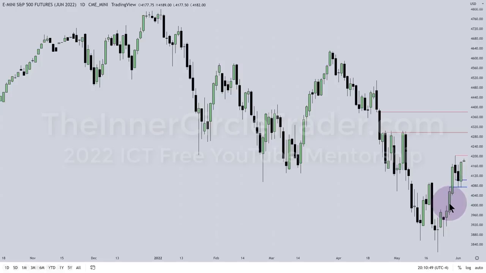So the bias would be expected to be bullish until we take out this high. It does that here. Then we have a day or two of retracement, which is logical because we created a fair value gap here. It trades down, fills it in once more, tests it, and rallies.